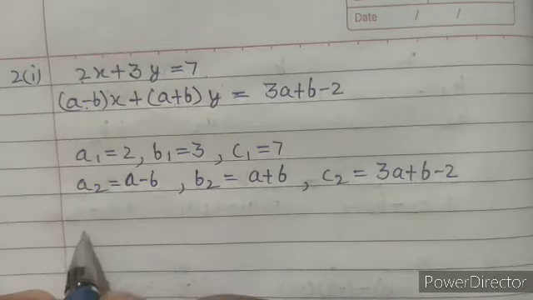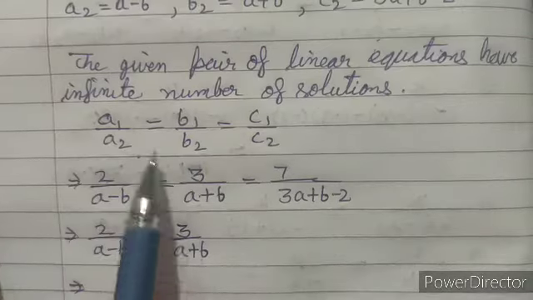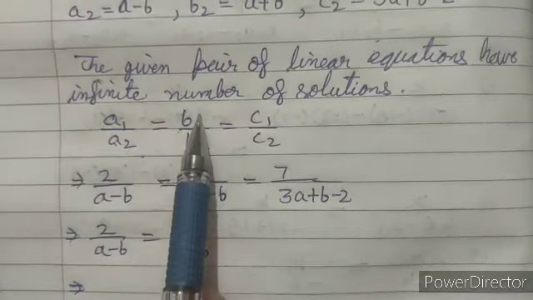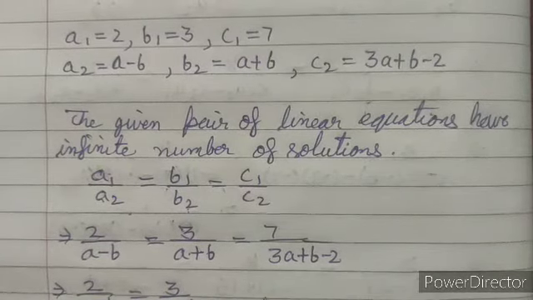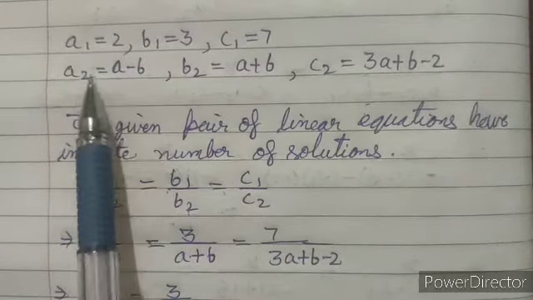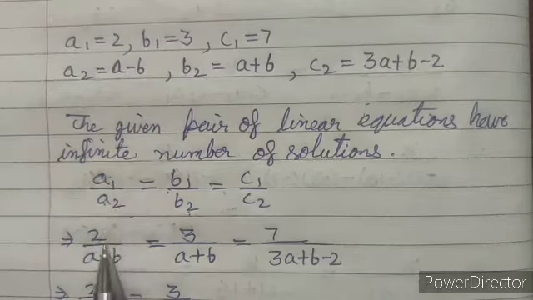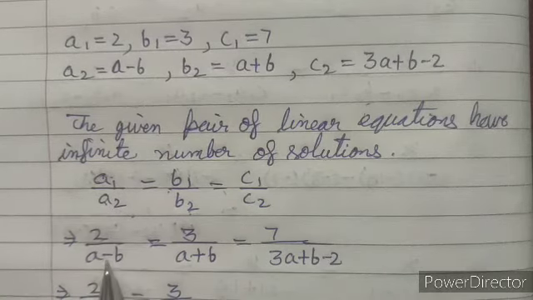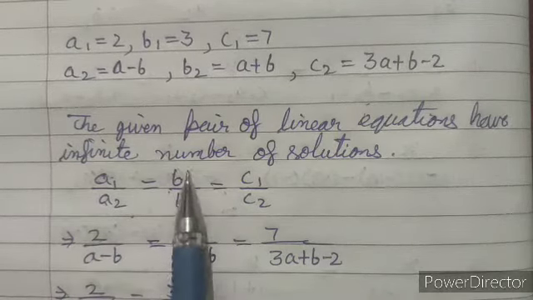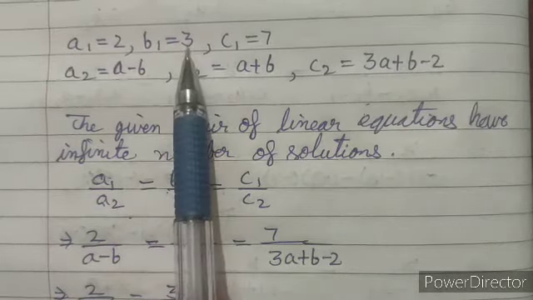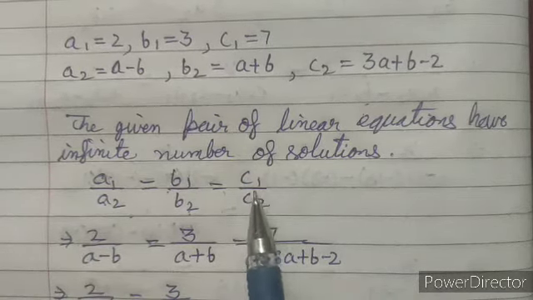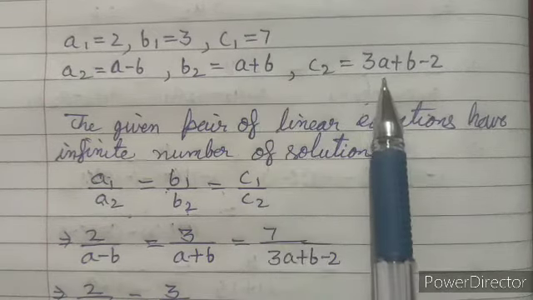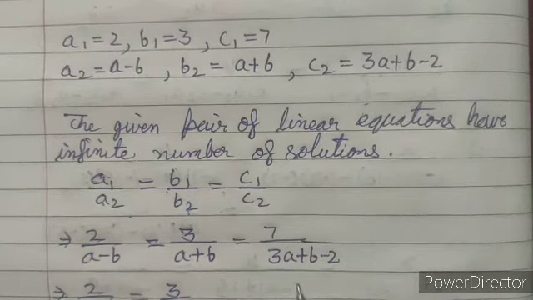That means a1 upon a2 is equal to b1 upon b2 is equal to c1 upon c2. Now here a1 was 2, a2 was a minus b, so a1 upon a2 will be 2 upon a minus b, that equal to b1 by b2, that will be 3 upon a plus b, and that is equal to c1 by c2, that means 7 upon 3a plus b minus 2.